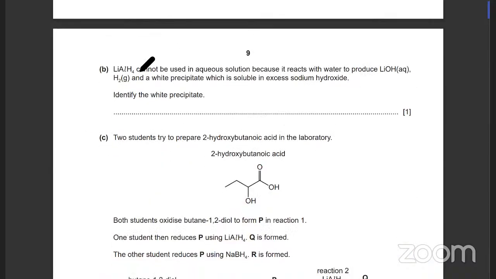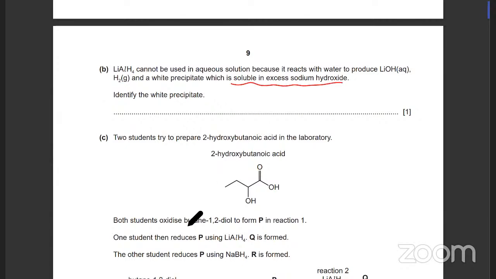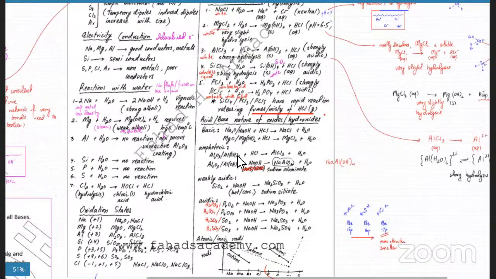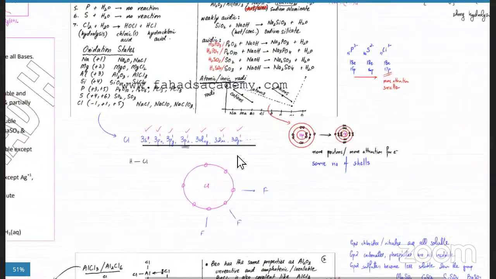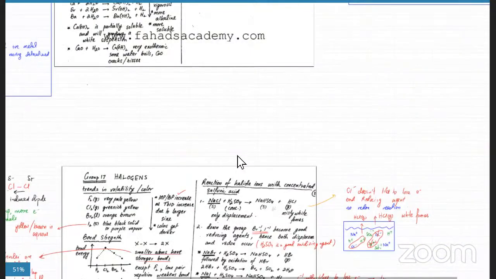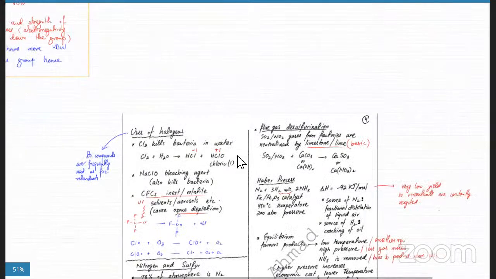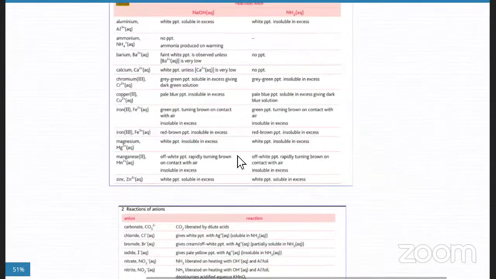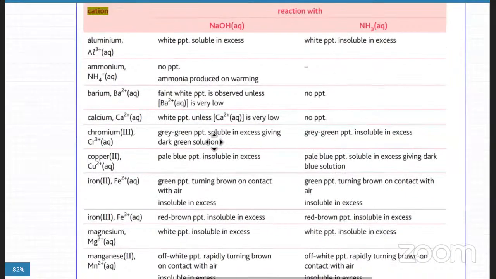As a next one, LiAlH4 cannot be used in aqueous solution because it reacts with water to produce LiOH, H2, and a white precipitate, which is soluble in excess sodium hydroxide. Now this thing, make sure you go through it, because you don't have practicals anymore. Most of you have opted out. But make sure you remember the lab tests for the ions as well.